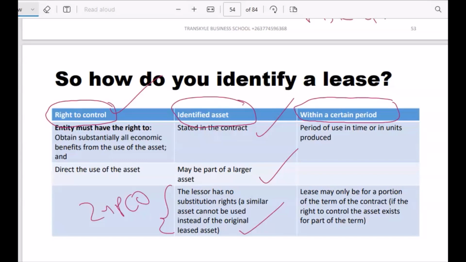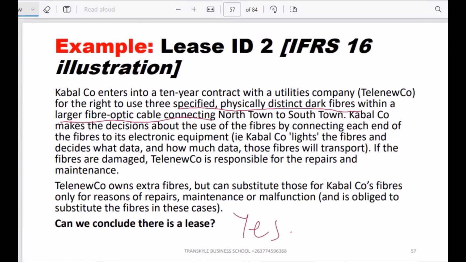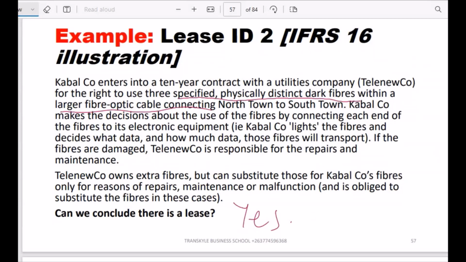Then, is the asset identifiable? Yes, the asset is identifiable because we are told in the scenario that these cables are specified, physically distinct dark fibers. So the assets can be identified within a larger fiber optic cable.